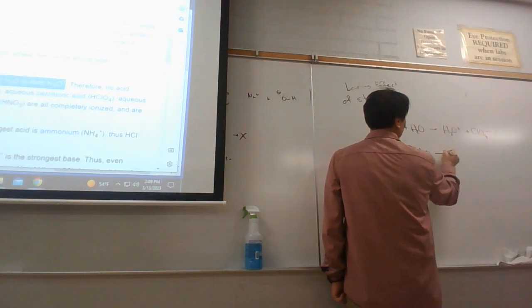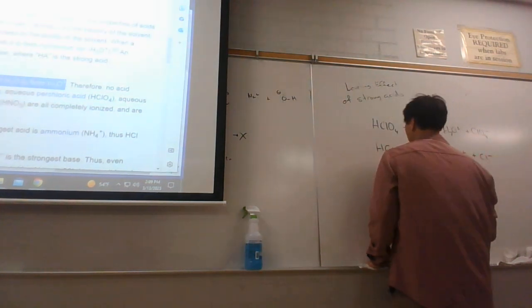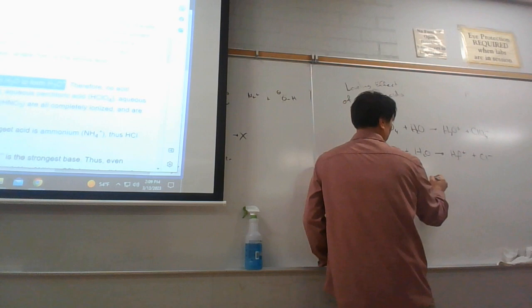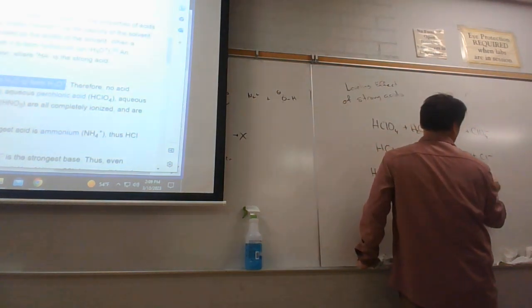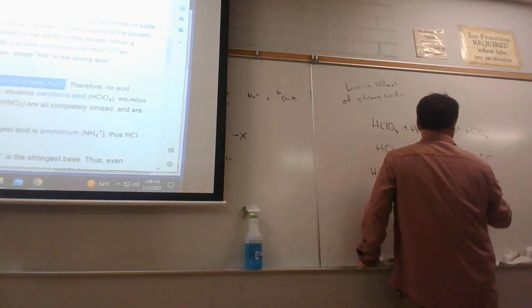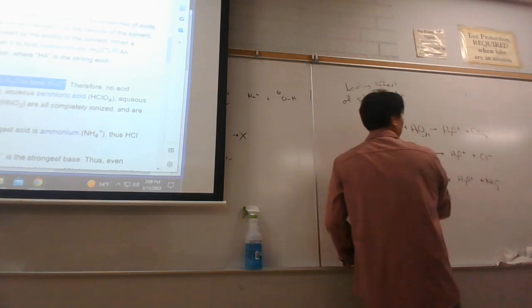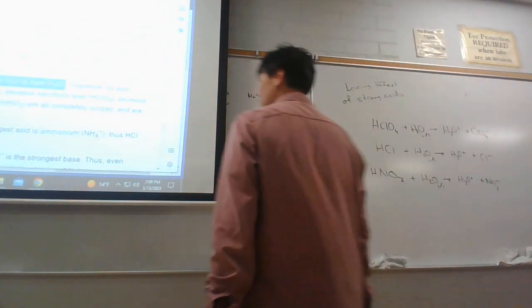HCl reacts with water to form hydronium and Cl minus. Let's pick the weakest of the strong acids. The weakest of the strong acids is HNO3. We're going to react with water to form hydronium plus nitrate. I'm going to leave off aqueous, but I'll write in liquid, solid, gas. In this case, liquid.